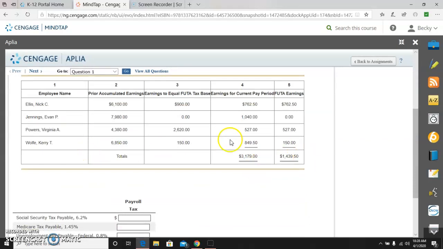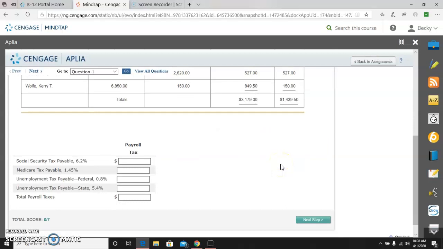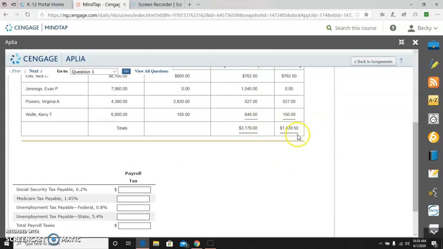And that next step has that all filled out for us already. And again, we're going to use both those numbers to compute things. So if it were me in my notes somewhere, I would circle this and circle the first two, Social Security and Medicare, so that I know I use total earnings times 0.062 and times 0.0145 to come up with these numbers.